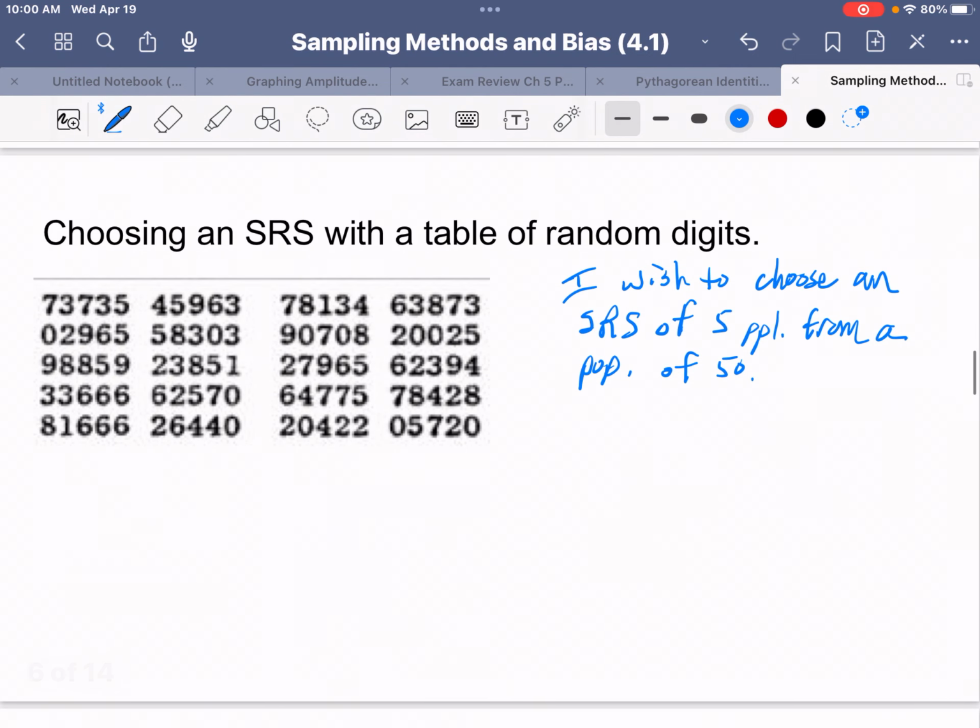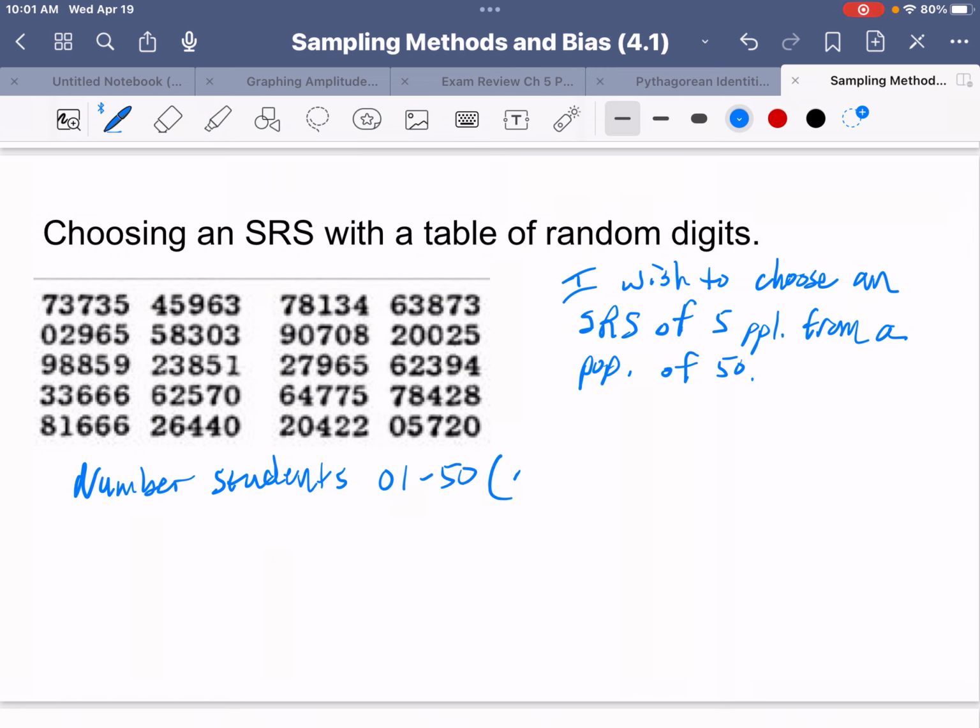They could also ask you, instead of describing how you would use technology, to use a table of random digits, and hopefully you'll remember this. I wish to choose an SRS of 5 people from a population of 50. Well, the first thing you have to do is describe how you're going to do numbering. So say something like, number the students 01 through 50.